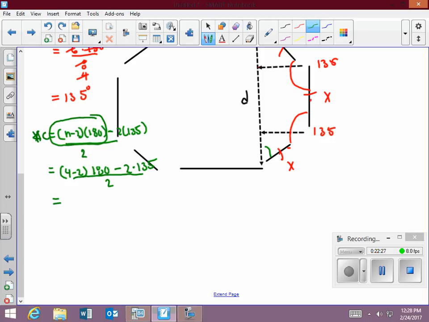So 180 minus 135, and then you've got 45, right?